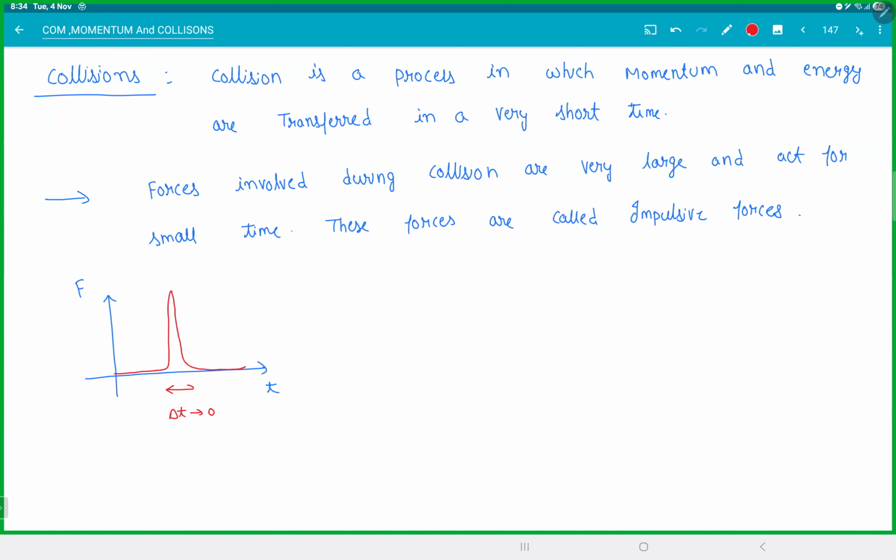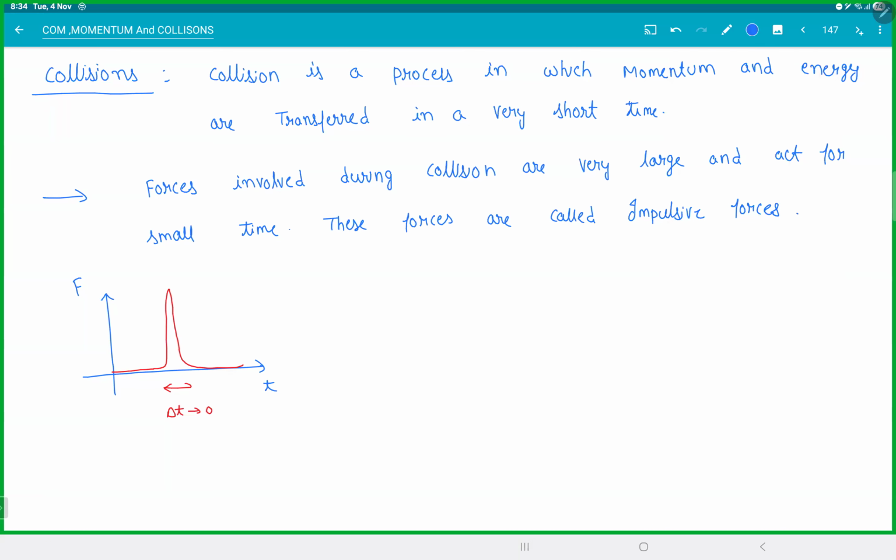And the area under this F-t graph will be the integral of F dt. This is nothing but the change in momentum. So force is large, time is small, but the area is a finite value, right? And this is given by J bar, a symbol. This is your linear impulse.